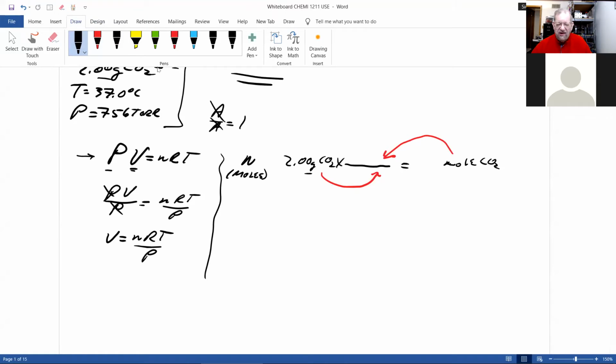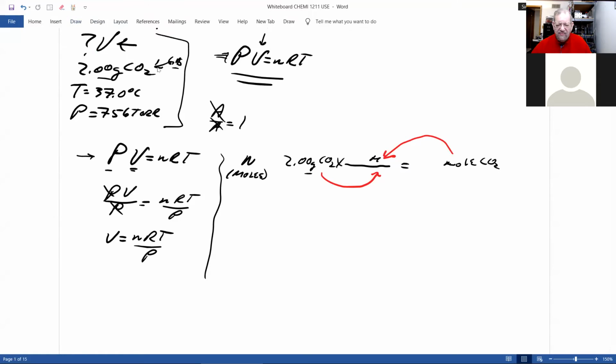I'll write those in. And where do I get this relationship? 1 mole of a compound, in this case CO2, is equal to the molecular weight in grams of that compound.